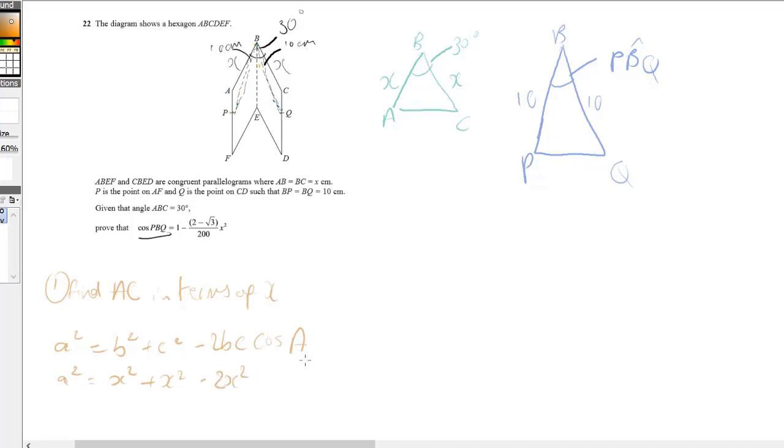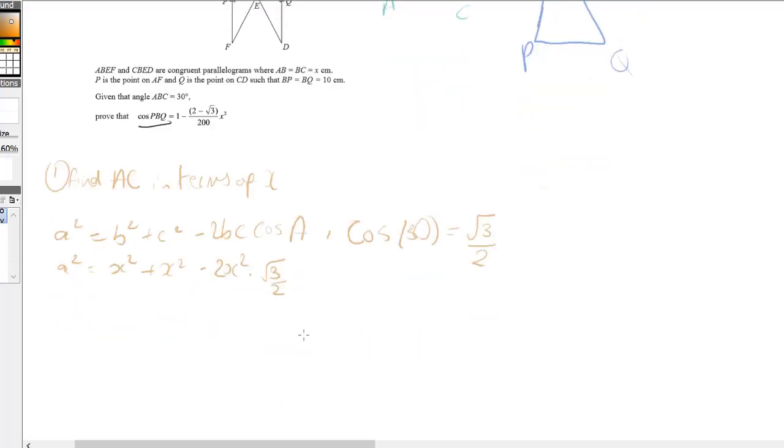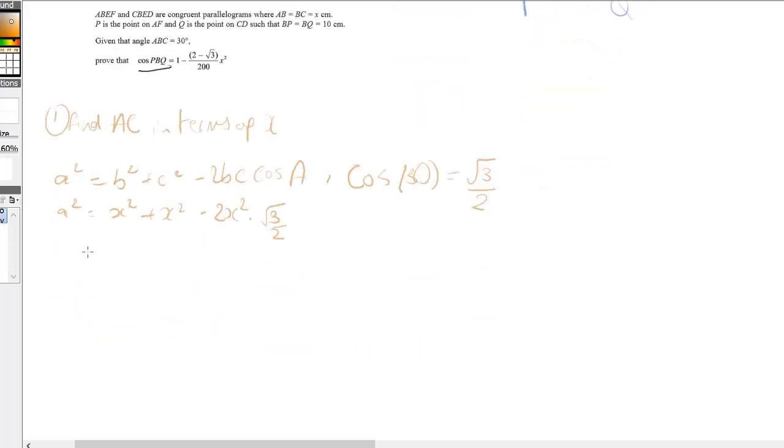And I'm going to complete this by subbing in the relevant details. 2x squared. Now cos A, and in this case A is 30, equals the square root of 3 over 2. So I have the square root of 3 over 2. And we finish this off by collecting like terms. 2x squared, 2x squared.